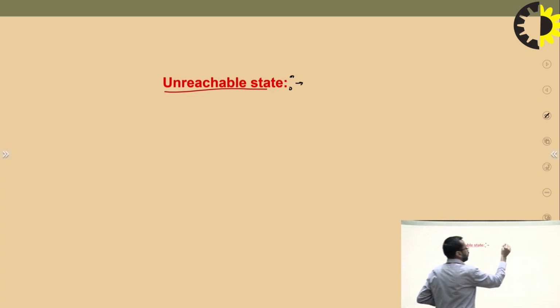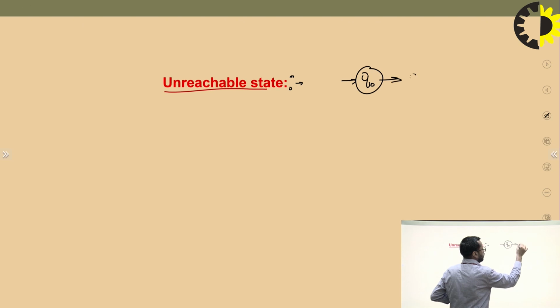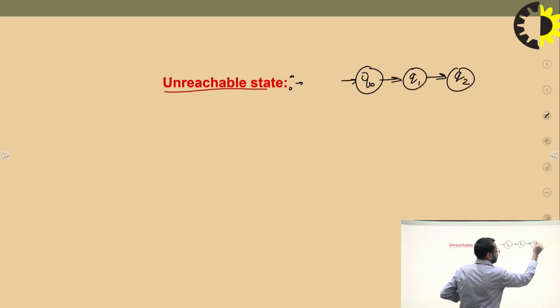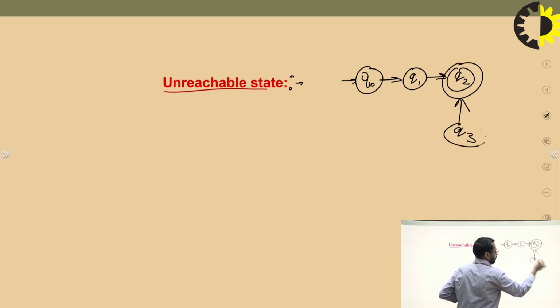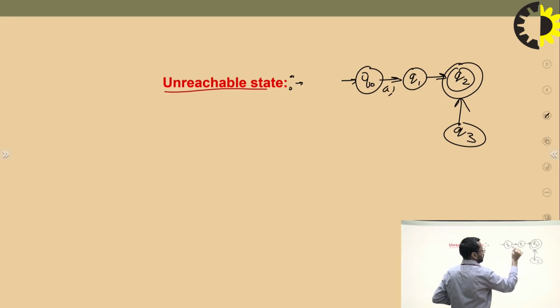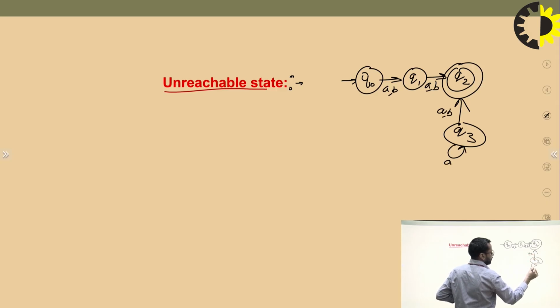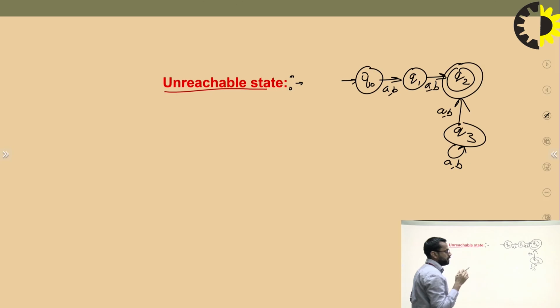Let's suppose we have the state Q naught and multiple states in a particular model. Let's suppose this DFA model contains input symbols A and B. Can we reach Q3 at any moment?